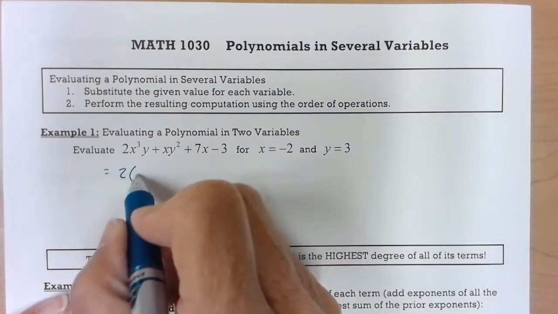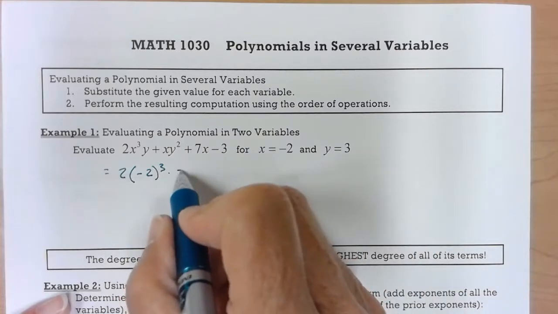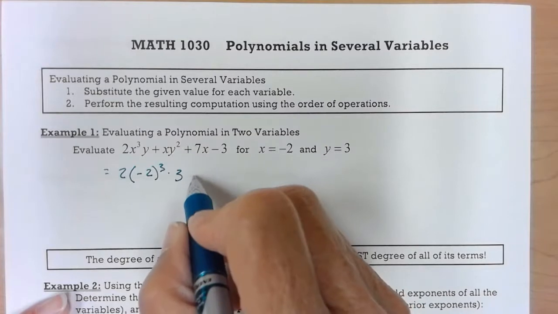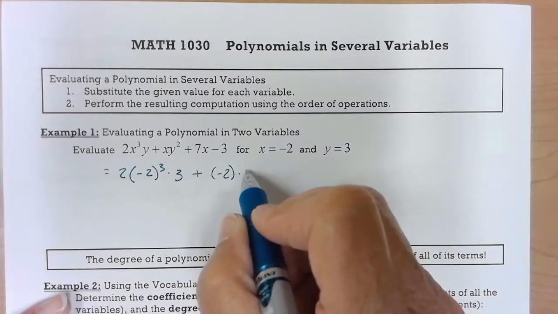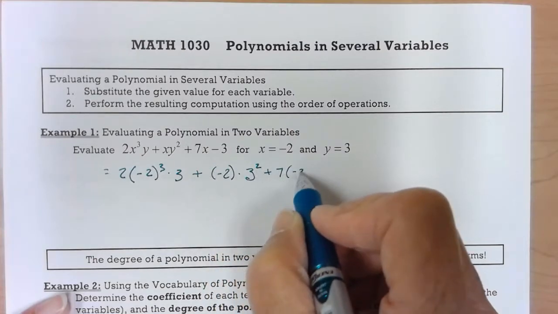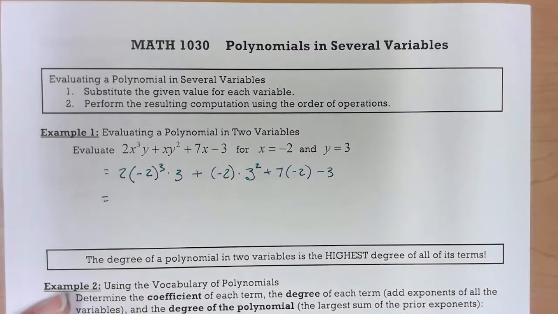I always substitute using parentheses, especially if it's a negative number. Okay, so I've substituted.